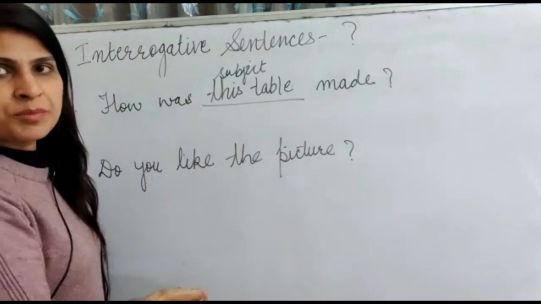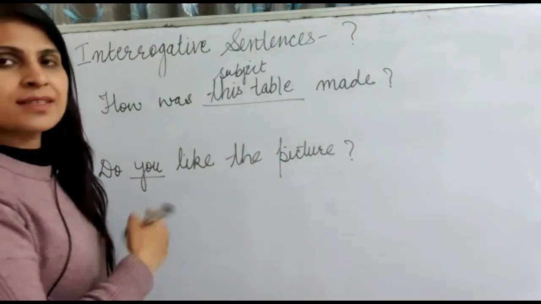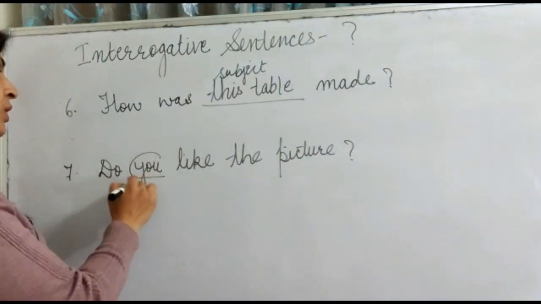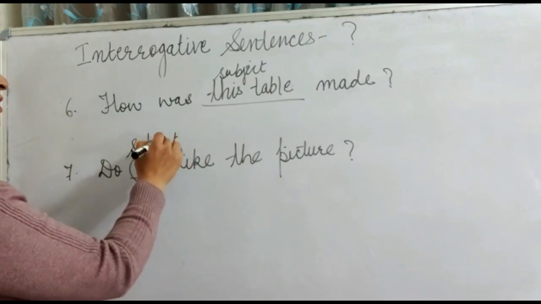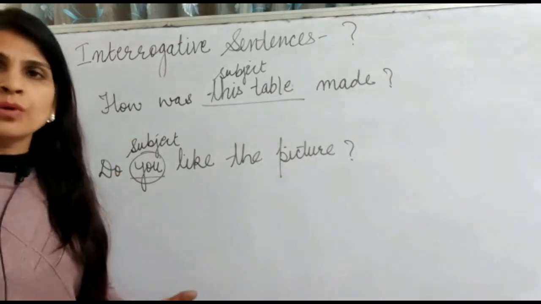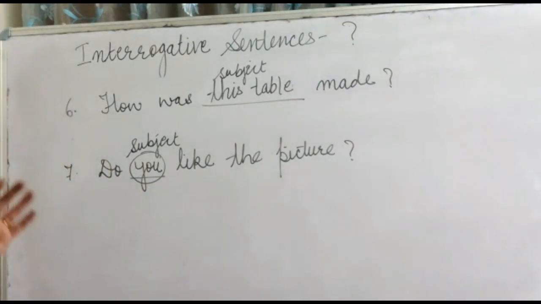So, who will like the picture in this sentence? It is you. You has done the action of liking the picture. So, you is the subject in this sentence. In these sentences, we just have to ask who or what. So, these are the interrogatives.